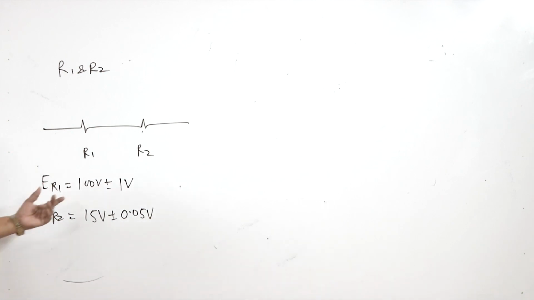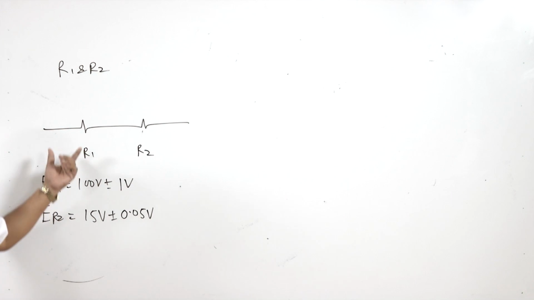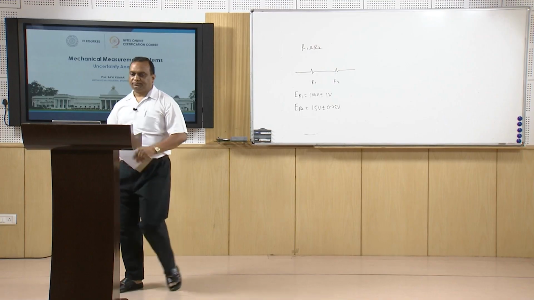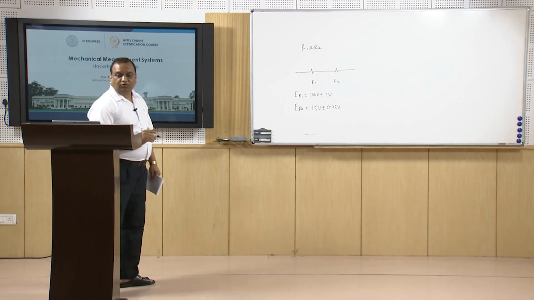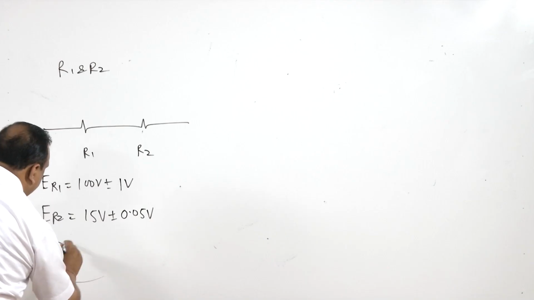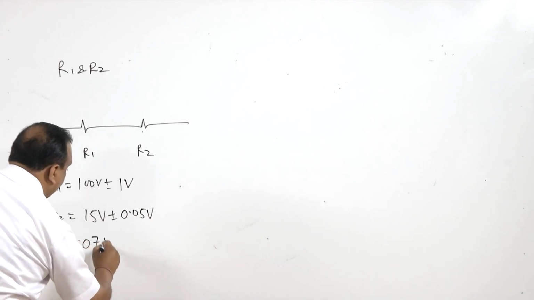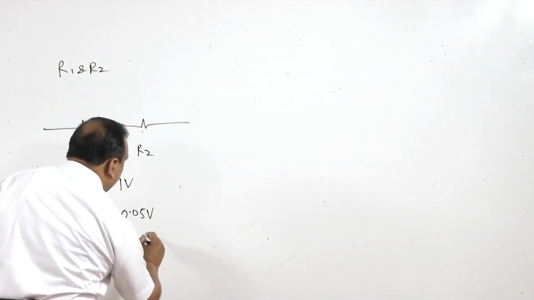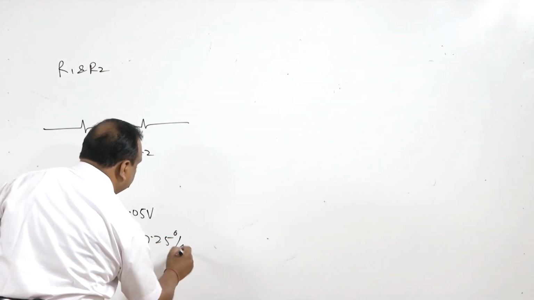Right. So voltage we have measured with 1 voltmeter here, 1 voltmeter here. This voltmeter is showing 100 volts. This is showing 15 volts with some error in the measurement. Now the R2 value is given. R2 value is 0.075 ohms plus minus 0.25 percentage.